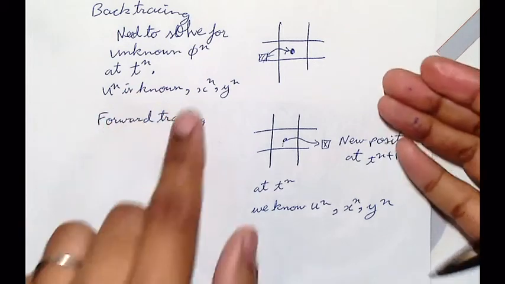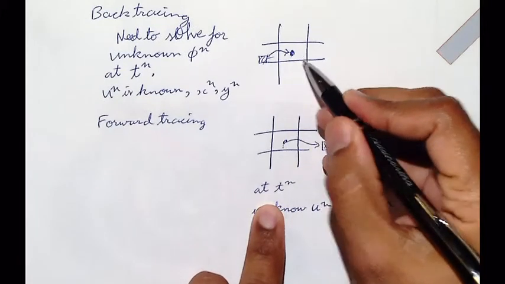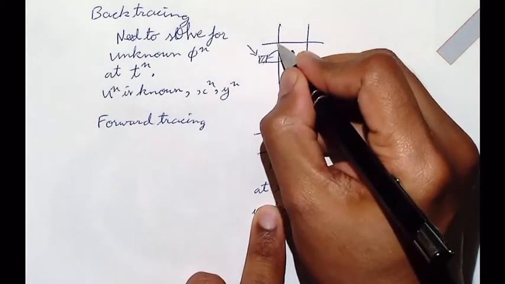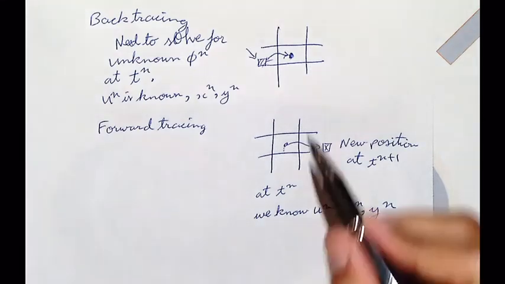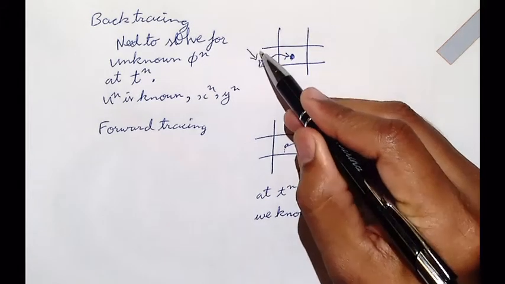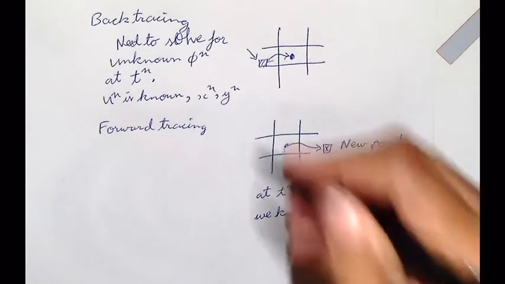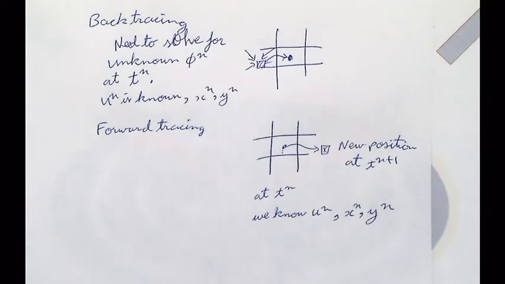I'm trying to figure out all my phi values at the current step, and I look back to where each grid point arrived from, and then I can interpolate. For backtracing, we figure out where our grid point came from, and then we can say, okay, this location at my previous time step had a particular phi n, which I can find out by interpolation. Does that make sense? Is it confusing?